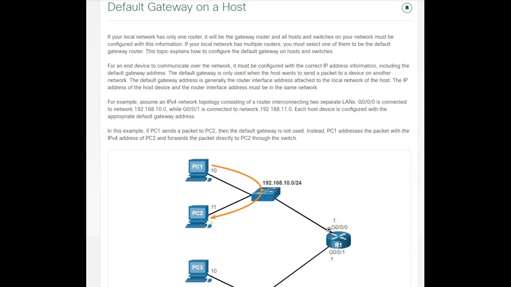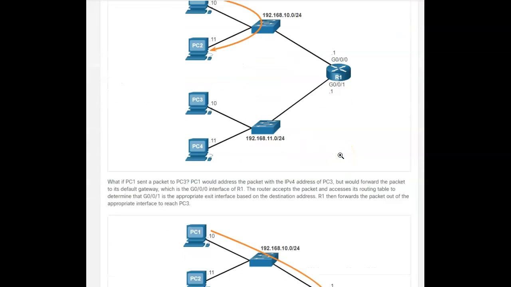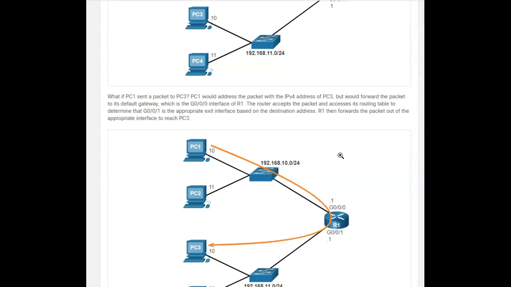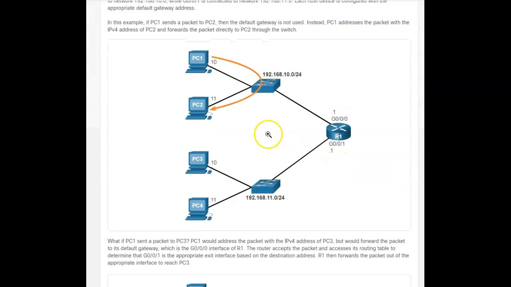So if you look, you've got 192.168.10 and 192.168.11, two separate networks. So each interface on a router identifies a different network. Now, the only way I can communicate between two networks is through a router. If I'm doing things within my network, the switch does fine.